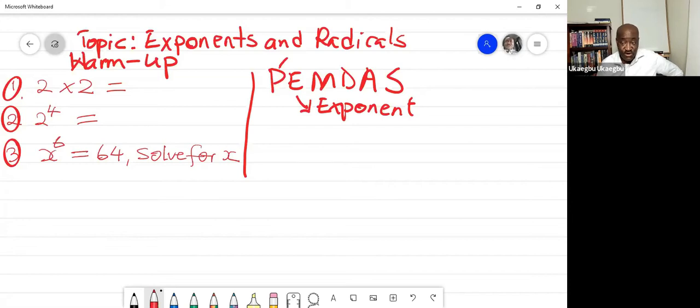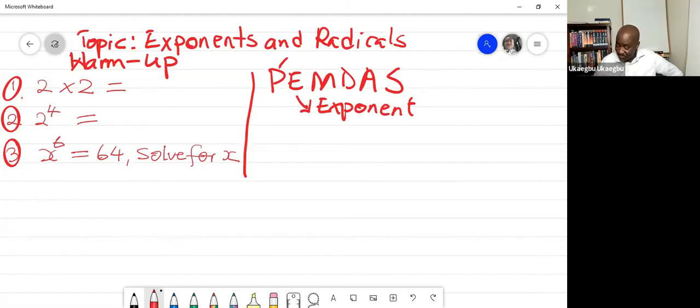Basically, exponent, some people call it the power. It's just the number of times something is multiplied. The number of times you multiply something to get another result. So that's what exponent is.